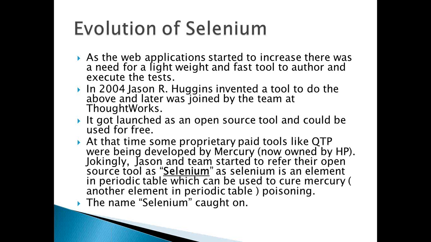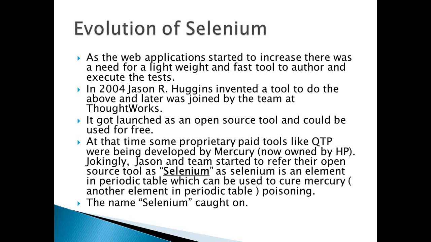As web applications increased, there was a need for a lightweight and fast tool to author and execute tests. So in 2004, Jason R. Huggins invented a tool to do the above, and later was joined by the team at ThoughtWorks. It got launched as an open source tool and could be used for free.